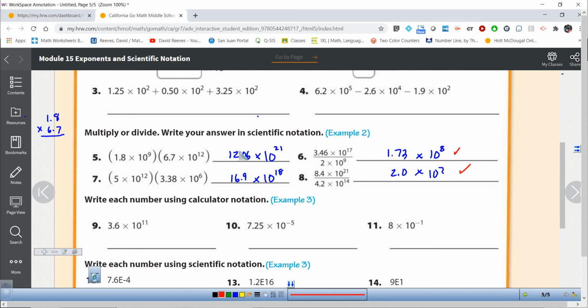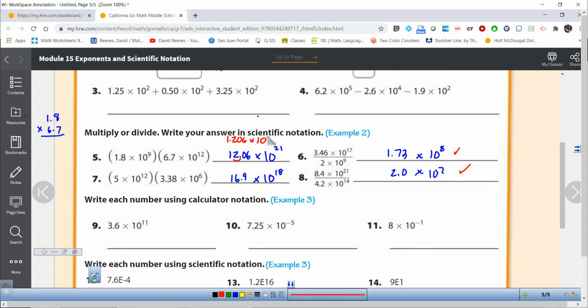So I need to change 12.06 to a number that is between 1 and 10. It can include 1, as you know. So I'm going to make it 1.206, right? All right, but what did I just do to that number? I just moved the decimal that way, and I made that 10 times smaller, right? So what happens to this one? It must get 10 times bigger.